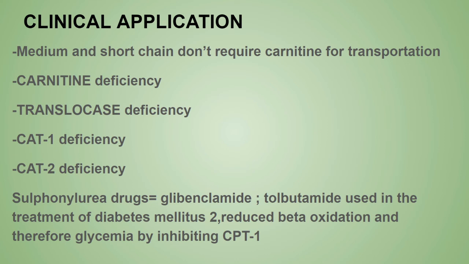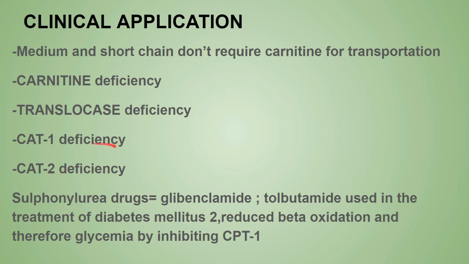Now CAT1 deficiency. It is mainly inherited and affects only the liver, and CAT2 deficiency actually affects the skeletal muscle, and in severe condition it will affect the liver. So just remember, CAT1 affects the liver, while CAT2 in the primary stage will affect mainly the skeletal muscles and then the liver.